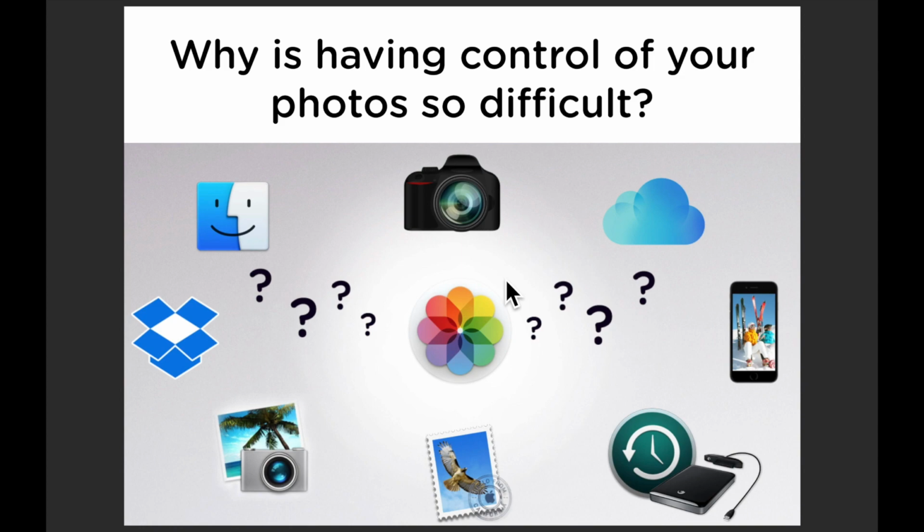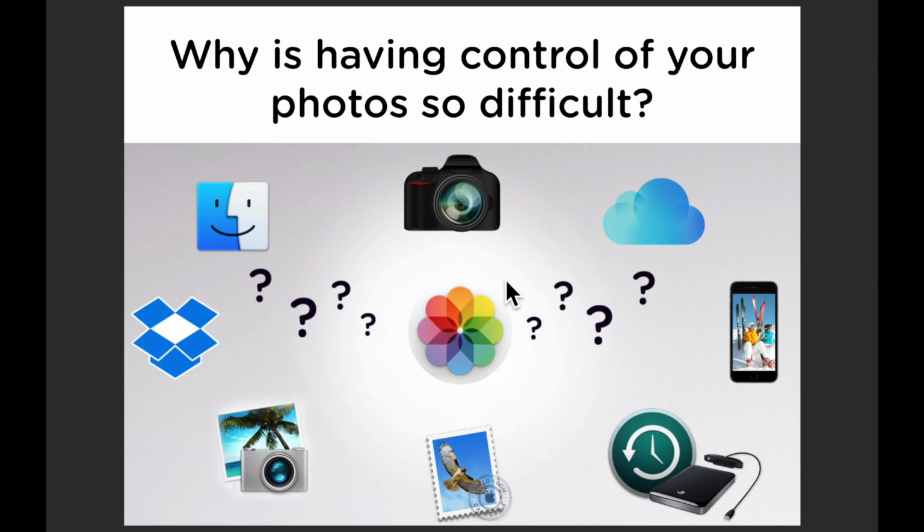So, photos. Why is it so difficult to have control of them? And it's quite easy really to answer that question, because it's pretty much because you have so many of them. And one thing is to have many photos, and that's not necessarily a problem. However, it gets very difficult when your photos are fragmented.